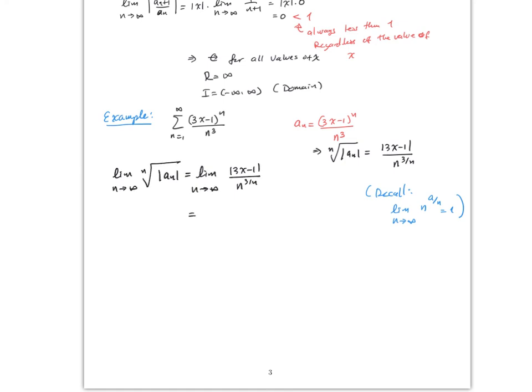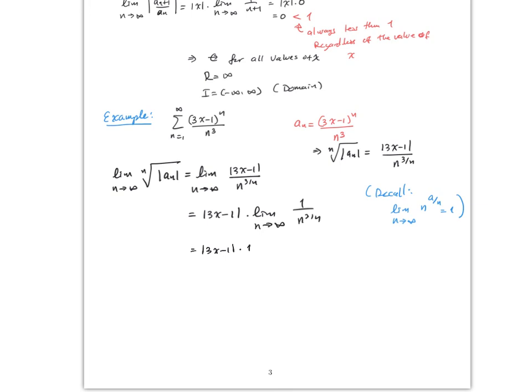And again, you can take this out because it doesn't depend on n. So this is 3x minus 1 in absolute value times the limit as n goes to infinity of 1 over n cubed over n. But we already said that the limit of this is equal to 1 over 1, which is 1. So therefore, the limit of this is the absolute value of 3x minus 1 times 1.